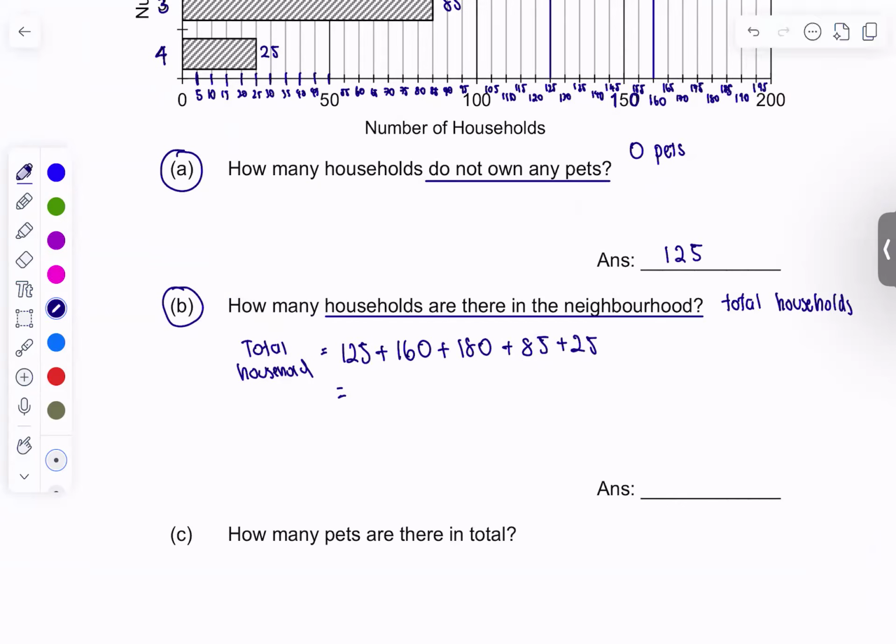Maybe you forgot to add the one in the hundreds position.